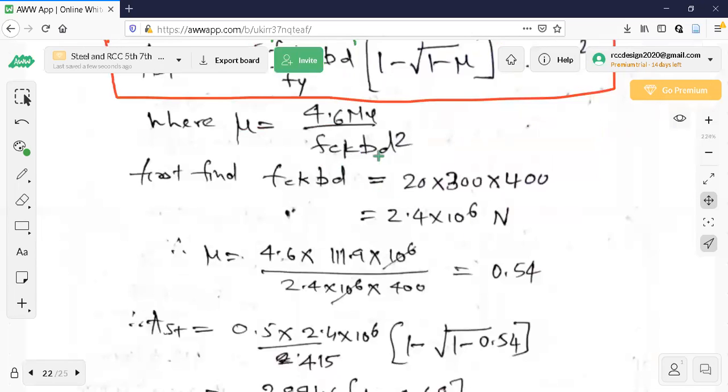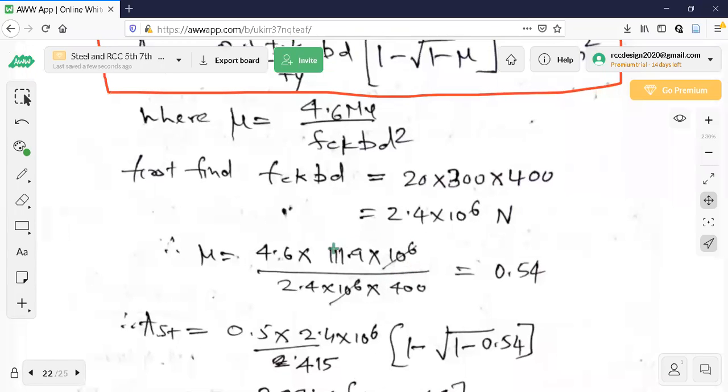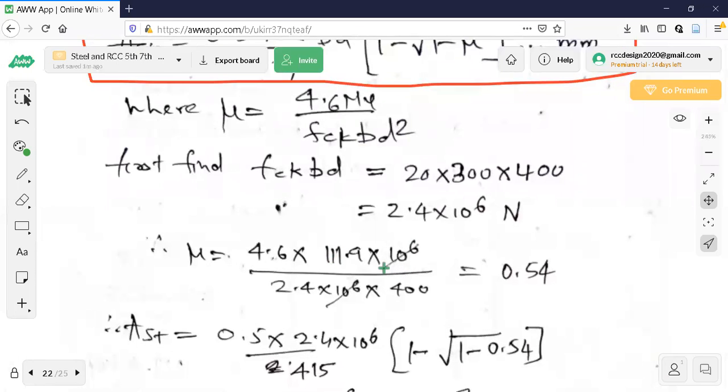Now, after finding FCK BD here, I'm going to use the Mu calculation. So 4.6 into Mu. See, this is the actual bending moment, not the limiting one. It is not Mu limit. Be careful here. It is the actual bending moment, WL square by 8, it is WU into LE square by 8, 111.9 into 10 raised to 6.